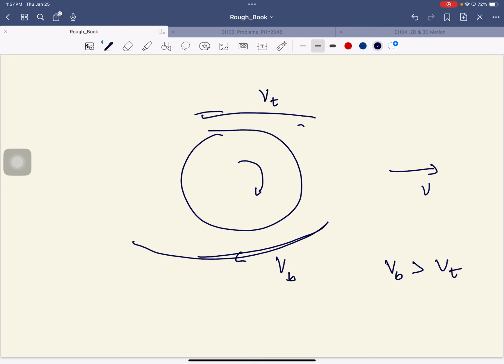And you will learn about Bernoulli's equation: 1/2 rho v square, where rho is the density of air, plus rho g h, plus pressure.